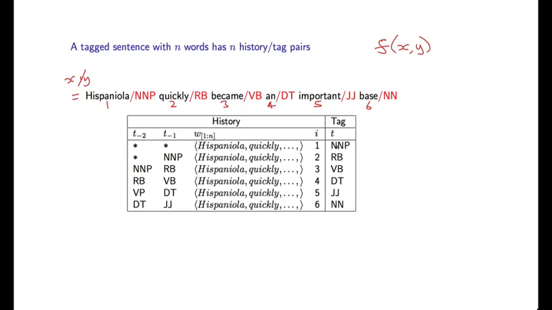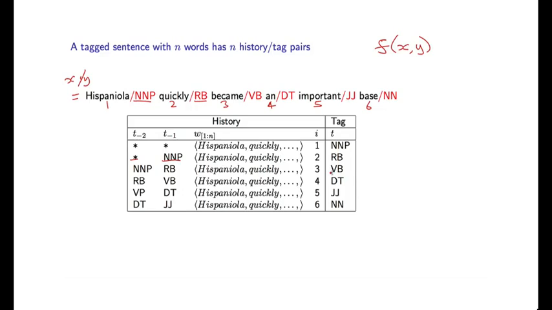The first history-tag pair has the tagging decision NNP, because that's the tag for the very first word, and the history has the previous 2 tags as these star symbols. We have the entire sentence, and we have position 1. The second history-tag pair has RB, because that's the tag of the second word, the entire sentence, position 2, and the previous 2 tags are star and then NNP.